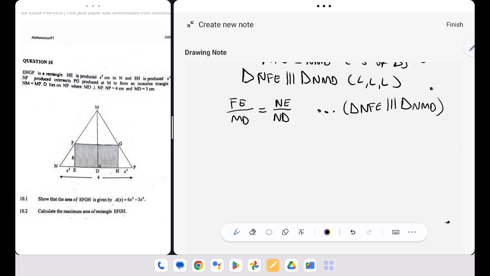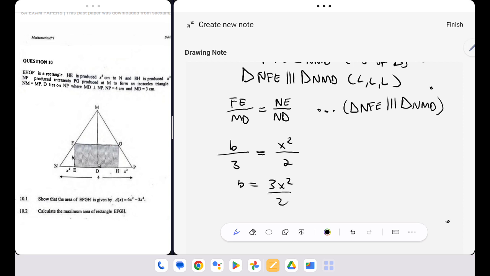So FE, it's what I want. It's given as B. Let me just write B. MD is 3 units. NE is x squared. ND is 2. So I'll just say B is equal to 3x squared over 2.